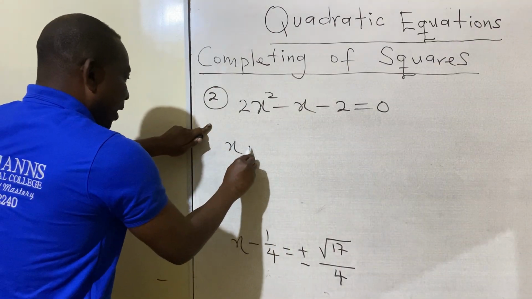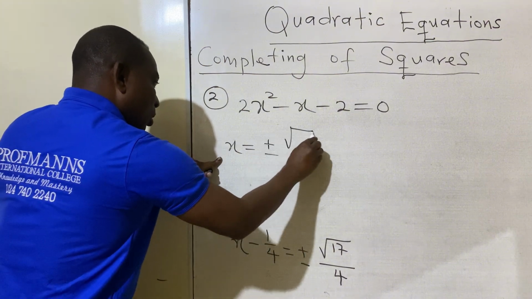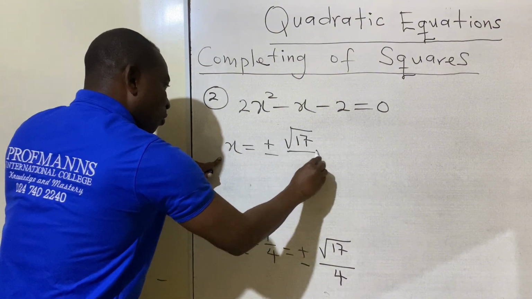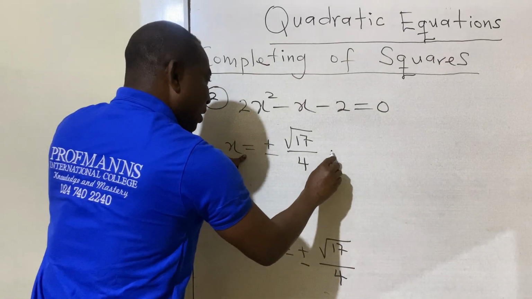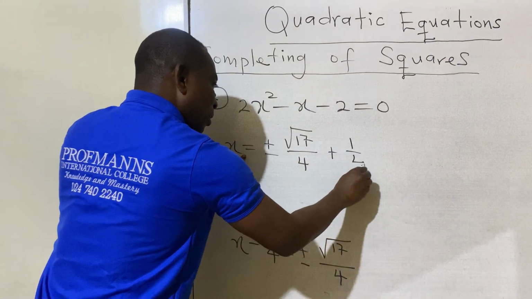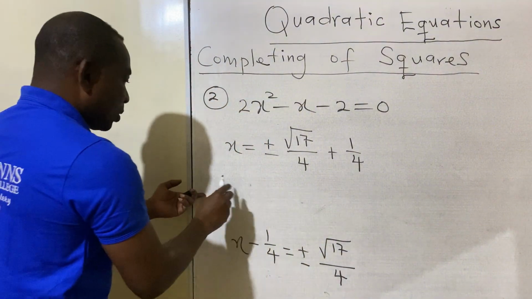So this gives us x is equal to plus minus square root of 17 over 4. This crosses the equal to sign, it becomes plus 1 over 4. This is where the two roots comes in.